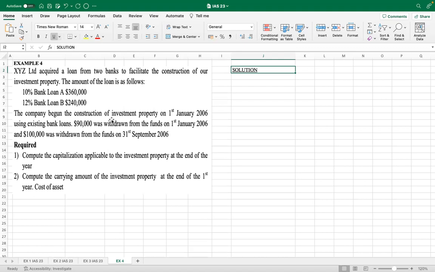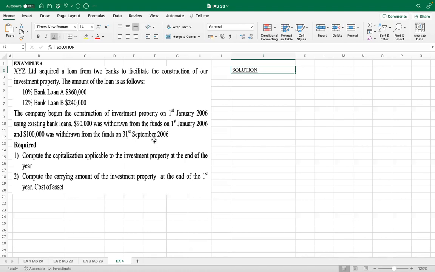The company began the construction of investment property on 1st January 2006 using existing bank loans. 90,000 was withdrawn from the funds on 1st January 2006, and 100,000 was withdrawn from the funds on 31st September 2006.